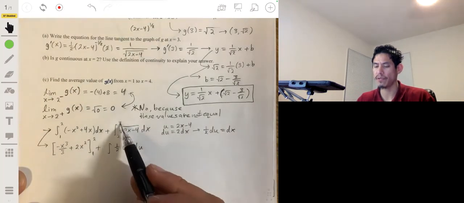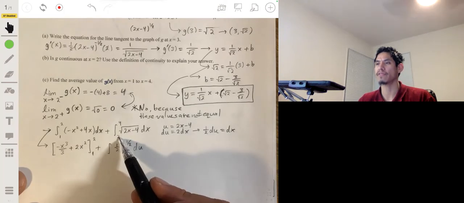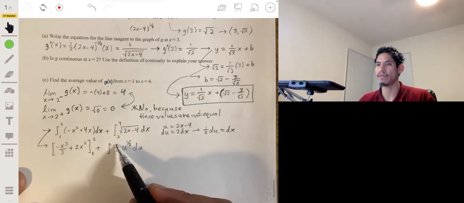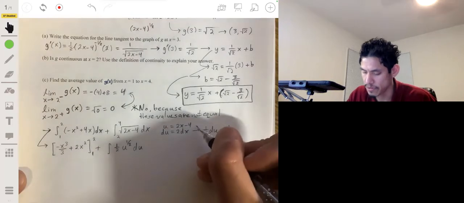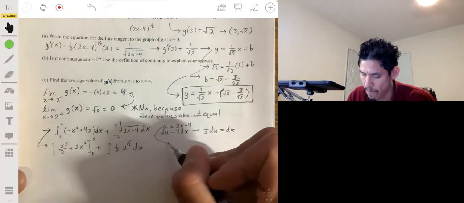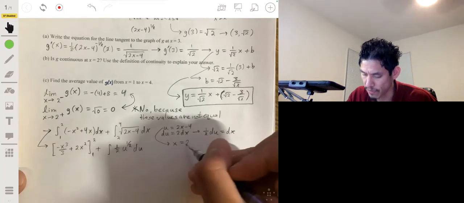Remember, these endpoints are in terms of x. So that we don't have to switch back to x when we integrate, let's rewrite the new endpoints in terms of u. We find what u is when x is 2 and when x is 4.